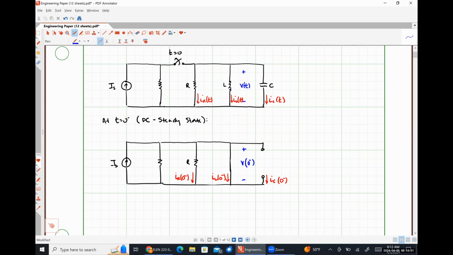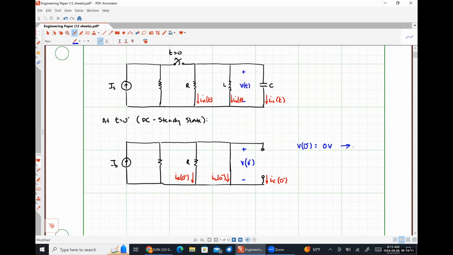What is V at 0 minus going to be? It's the drop across the resistor, but it's also the drop across the inductor and the capacitor. At t equal to 0 minus, since our inductor is behaving as a short circuit, we're taking the voltage drop across the short circuit, which is always 0 volts. So V at 0 minus must be 0 volts.